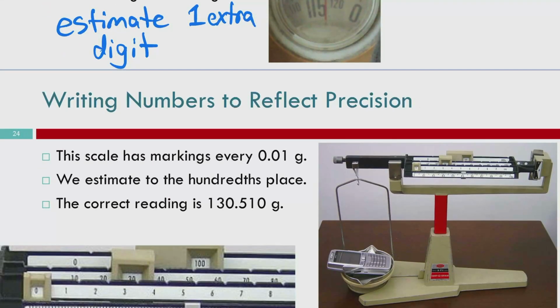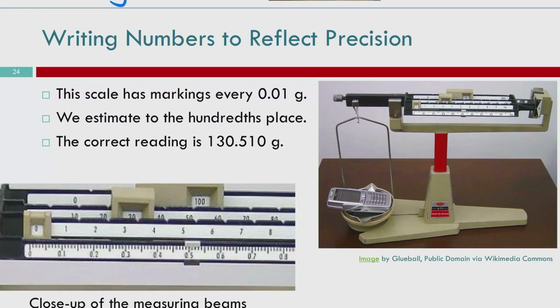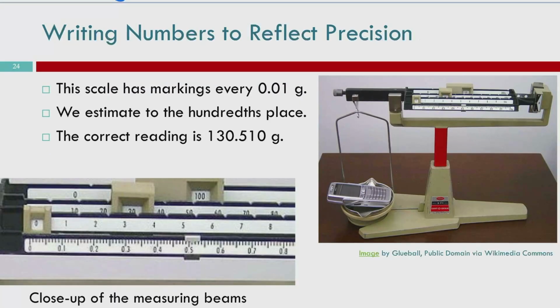Another example of a different type of analog measurement. This is a 4-beam balance with a brick on it, an indestructible object, a Nokia phone. This scale has markings every 0.01 grams. So the way that you read this scale, you just add up the numbers on each of these 4 beams.